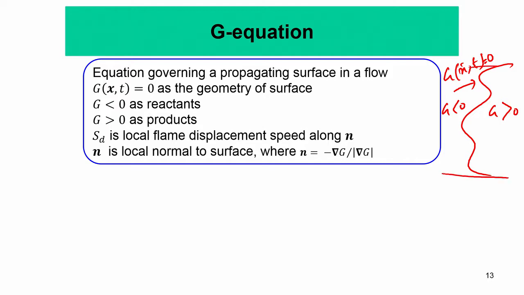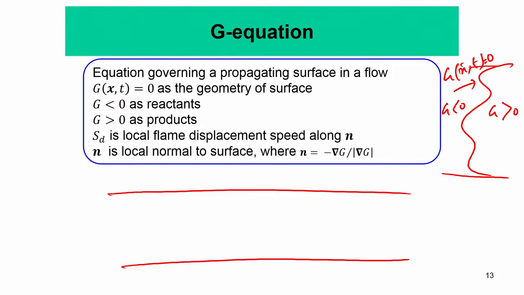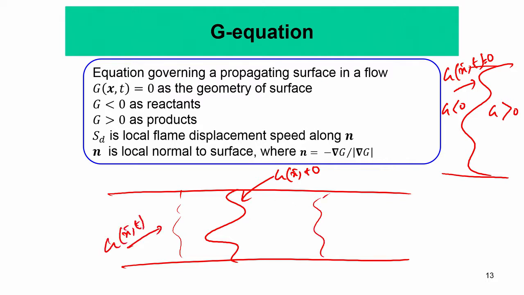So, if this is my flow inside a channel, and this is my flame given by G(x, t) equal to 0, there can also be level set values here. These are given by G(x, t) less than 0, and these are given by G(x, t) greater than 0. So this is the G equation description.